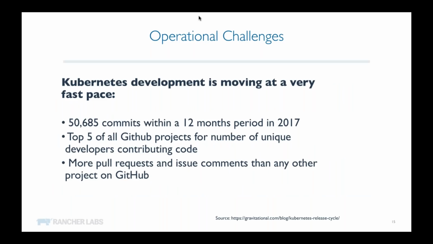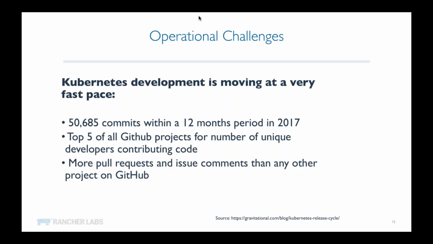One other operational challenge is that Kubernetes development itself is moving at a very fast pace. Kubernetes is actually one of the top 5 of all GitHub projects with regards to the number of developers contributing code. And there are more pull requests and issue comments than in any other project on GitHub.